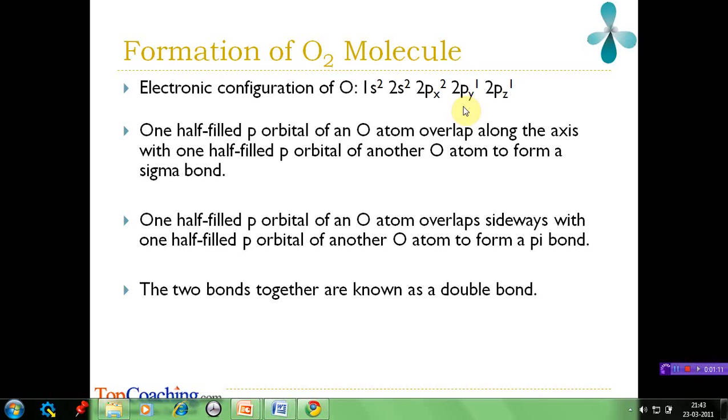And they form a pp sigma bond. Now, the remaining half-filled orbital of that oxygen atom will overlap sideways with the other oxygen atom's remaining half-filled p orbital to form a pi bond. Thus, there are two bonds, one sigma and one pi, in the oxygen molecule. These two bonds together constitute a double bond.